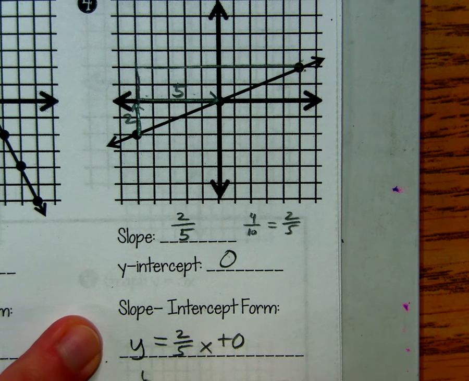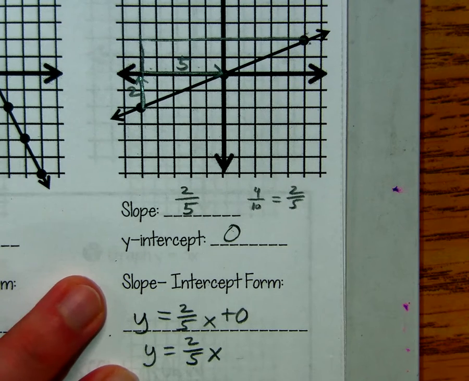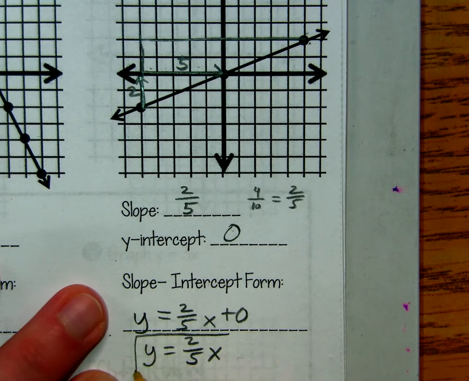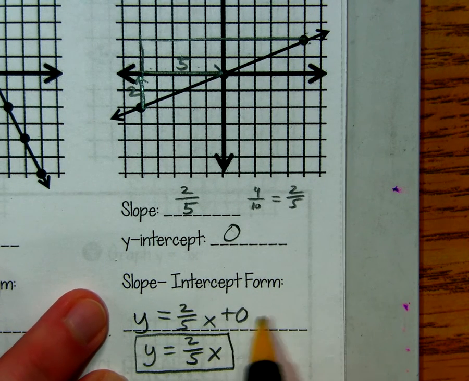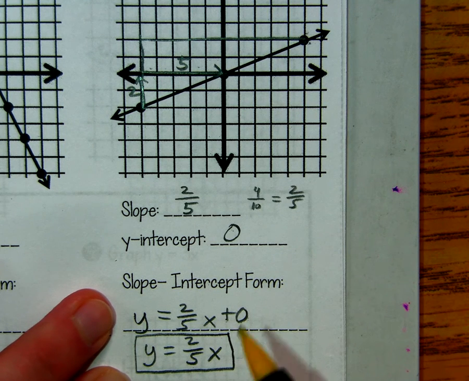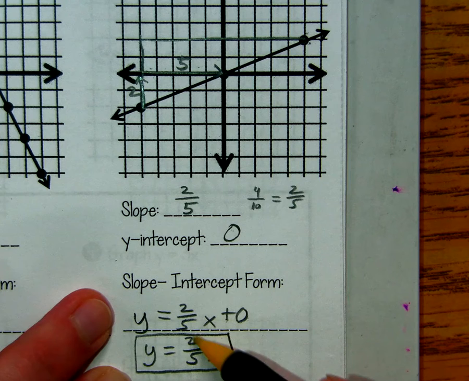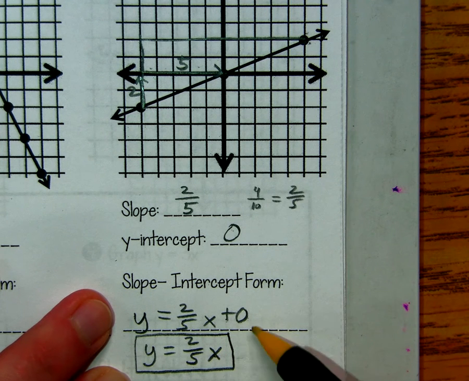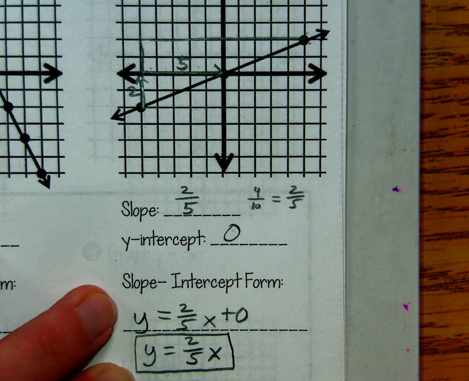Usually they'll leave the 0 part off and just do y equals 2/5 x. Let me scoot that up so you can see it. So this is what they're usually looking for. It's not wrong to do the plus 0. It's just extra writing. And so if you ever see anything like this where it's got a slope, it's got the number in front of x, but it doesn't have any plus or minus number here on the end, you'll know that that line goes through the origin at 0.